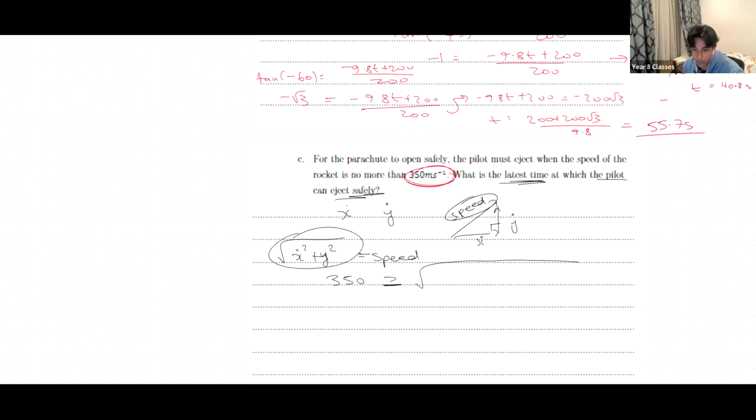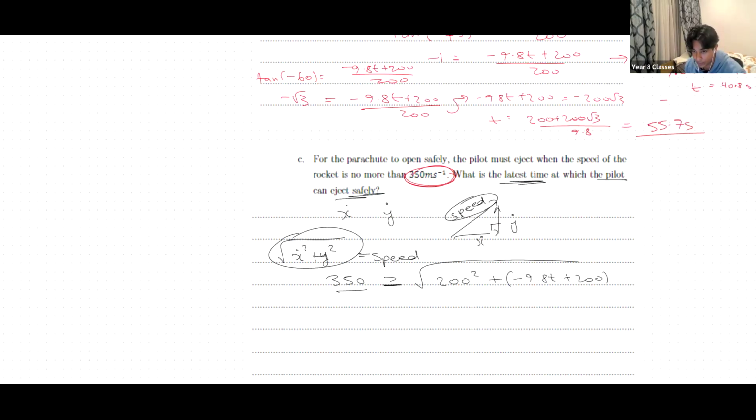What do we know x dot, or x velocity, was from the previous part? It was 200. Yep, so x dot squared is just 200 squared. And what was the y velocity? It was minus 9.8 t plus 200. Yep, so we'll square that.